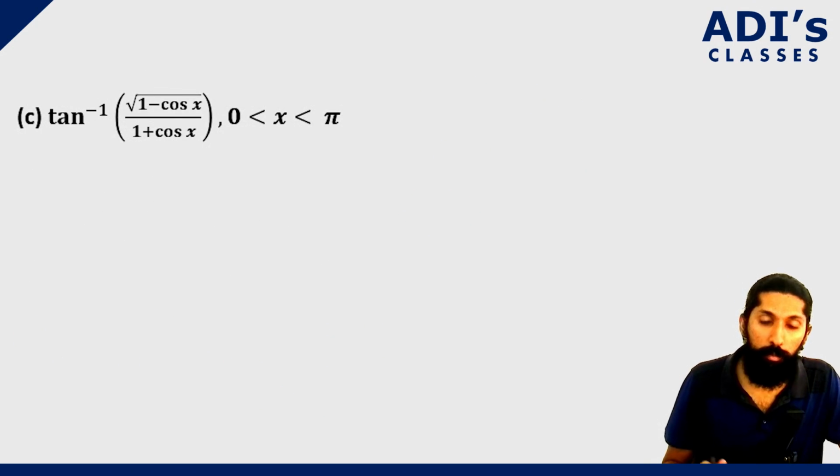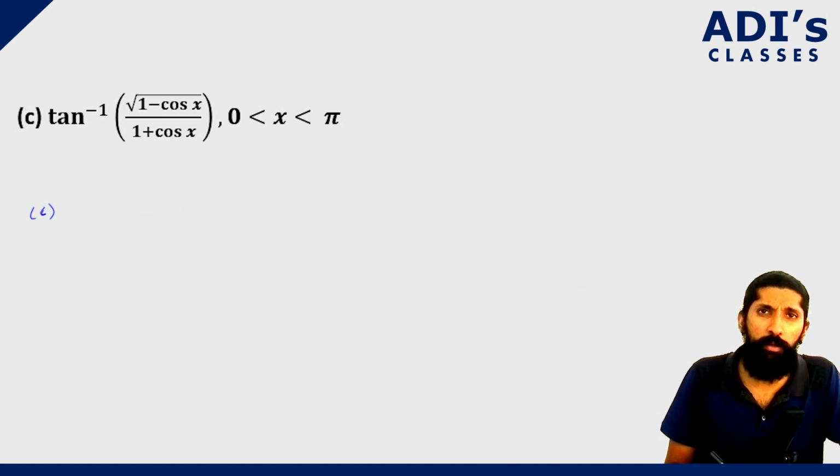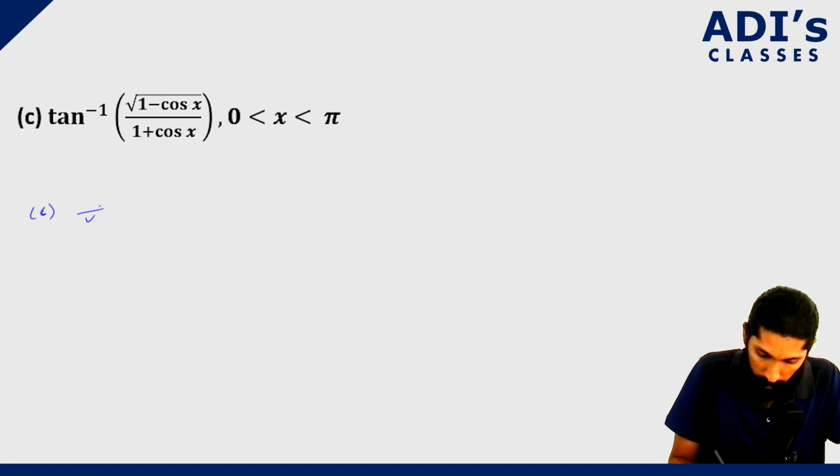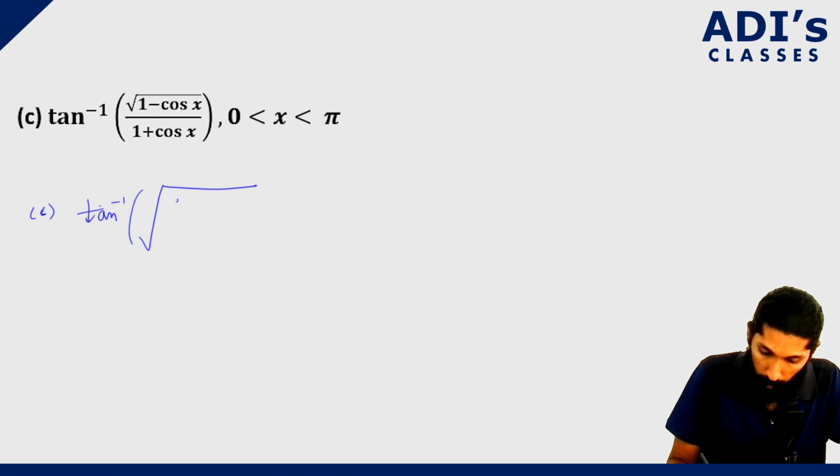Let's do the third problem now. For the third one, there is no substitution. Just simplify 1 minus cos x and 1 plus cos x in terms of half angle. Tan inverse of root of 2 sine square x by 2 over 2 cos square x by 2.